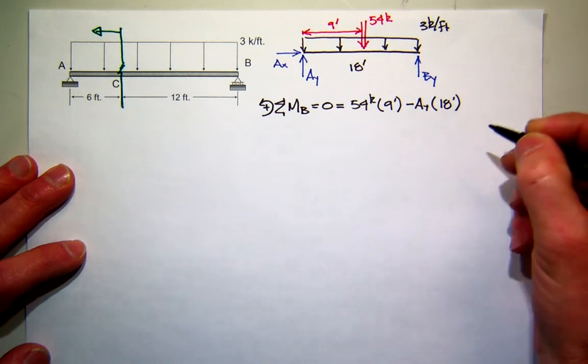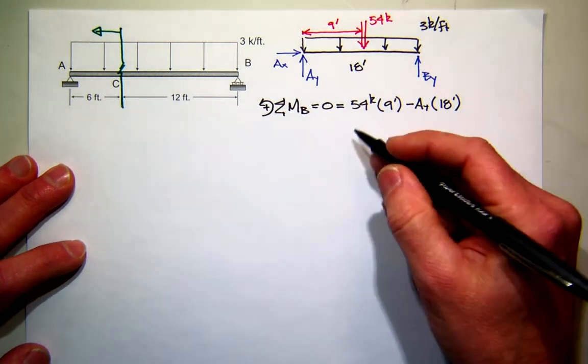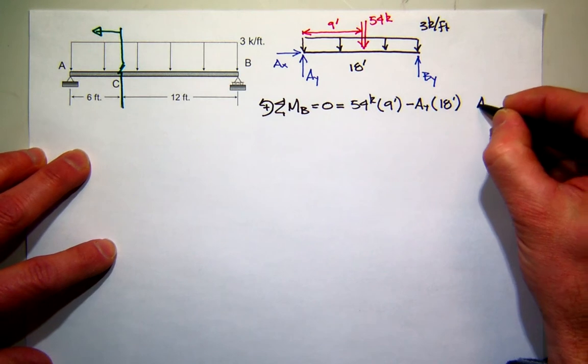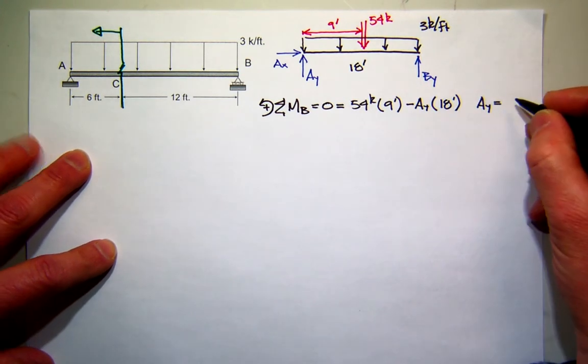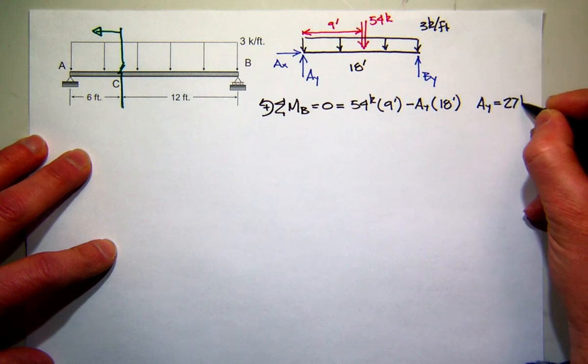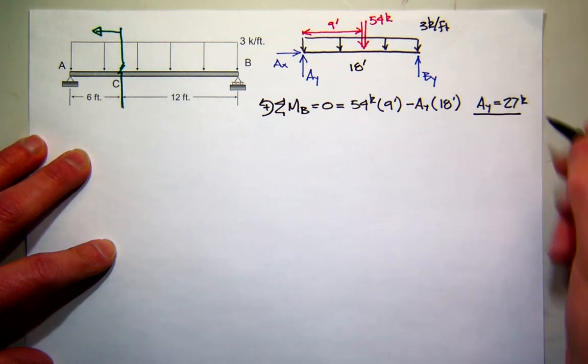That's a pretty easy equation to solve. Divide through by 18, you just get half of 54. So AY equals 27, and it's positive, so I assume it acts up.